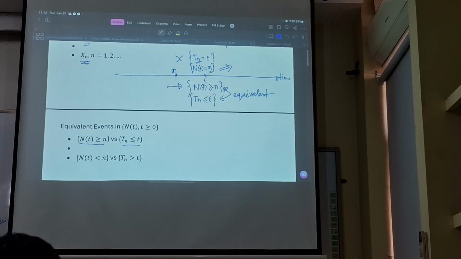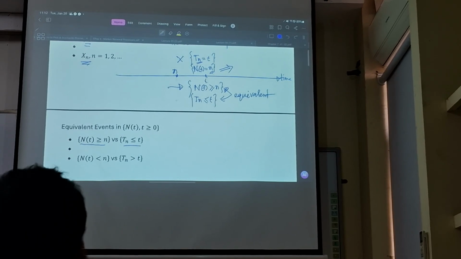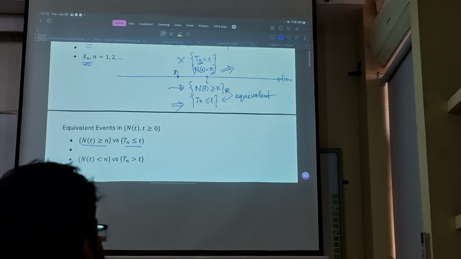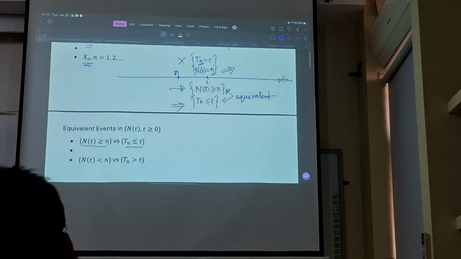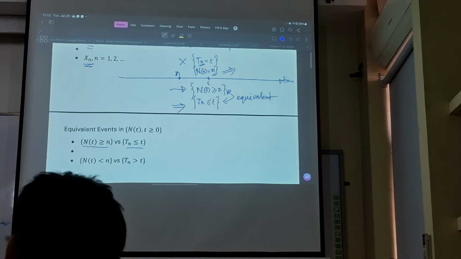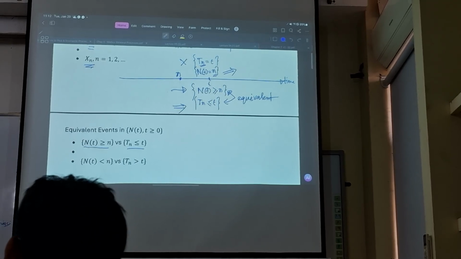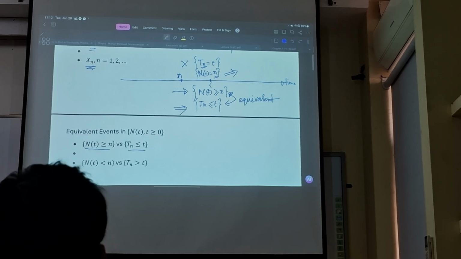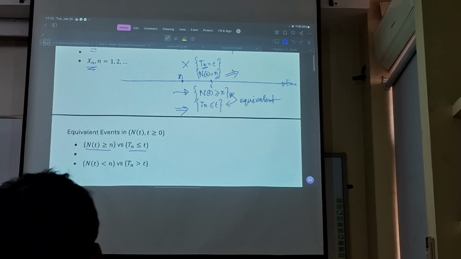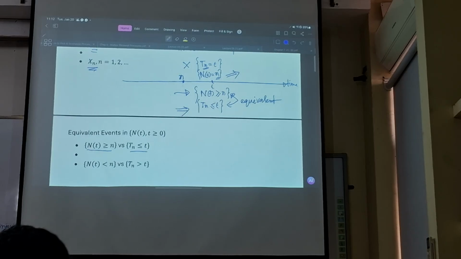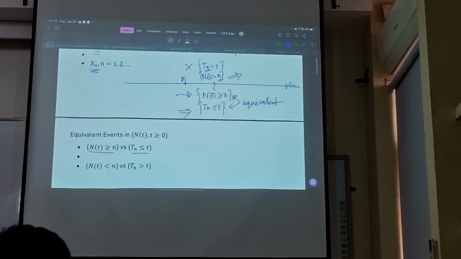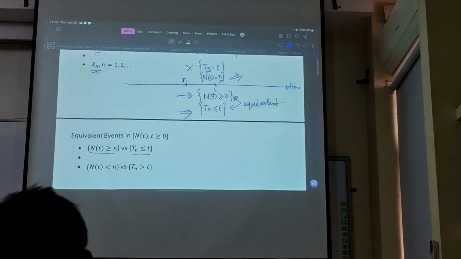Yes or no? Now look at the second statement. The second statement says the occurring time of the nth event, that means the nth renewal epoch, T sub n, is less than or equal to t. Both of these events are telling that the nth event occurs on or before t, right?